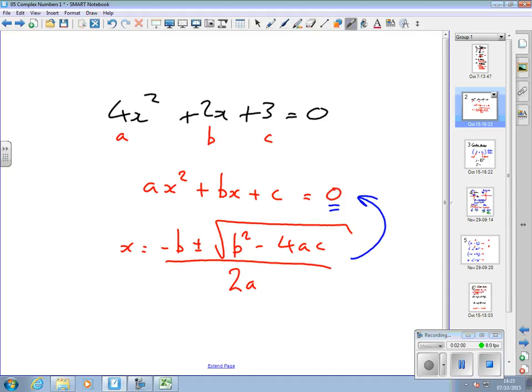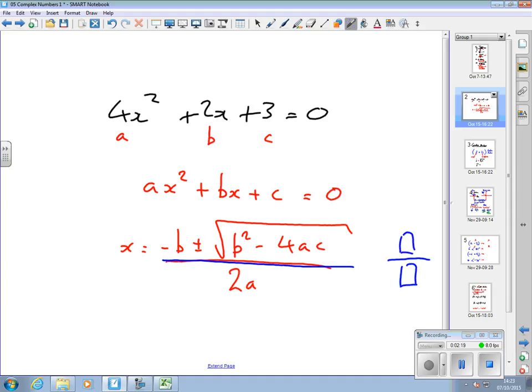So all I have to do, a bit like that volume formula we had a minute ago, is just plug in the values for a, b, and c, and out comes the answer. And you can do it in one hit on the calculator. I can put all this on top of the fraction using the fraction button over here.